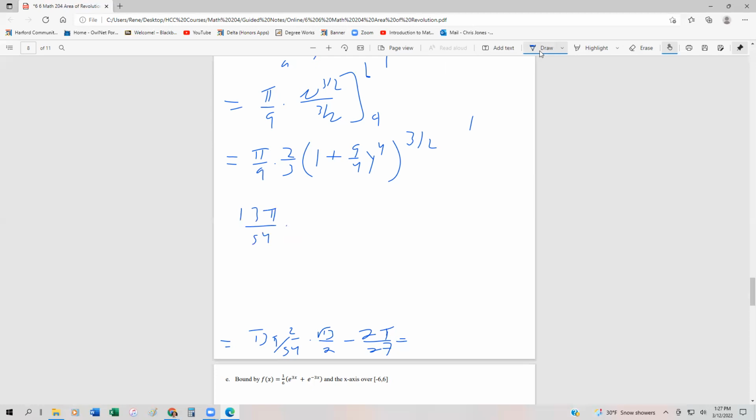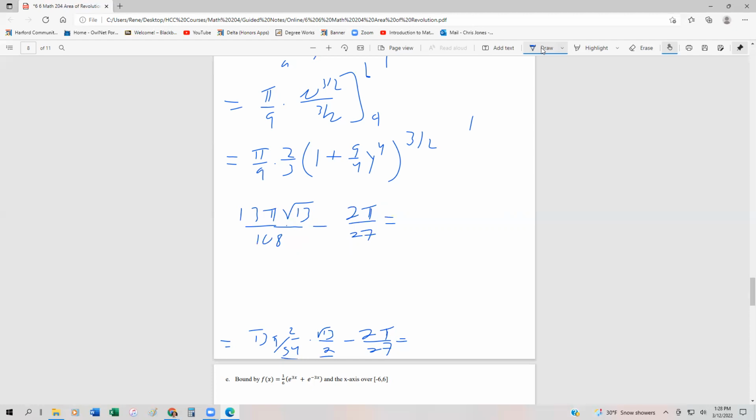And then we could actually multiply the root 13 times and then 2 times the 54. So we multiply this, so we get 13 pi root 13, right? And then 54 times 2, that's going to be 108 minus 2 pi over 27.